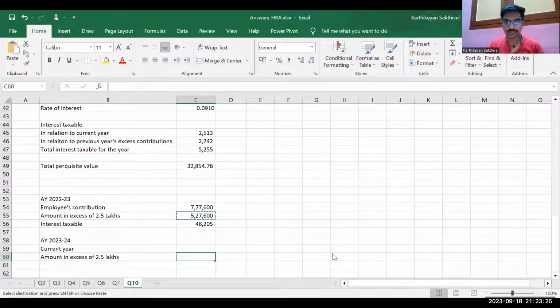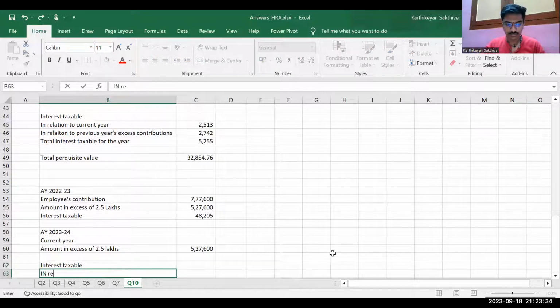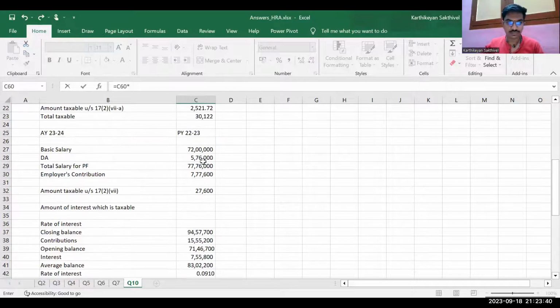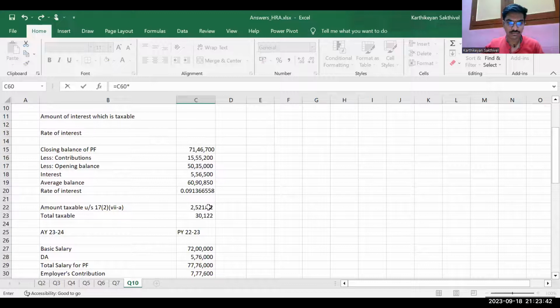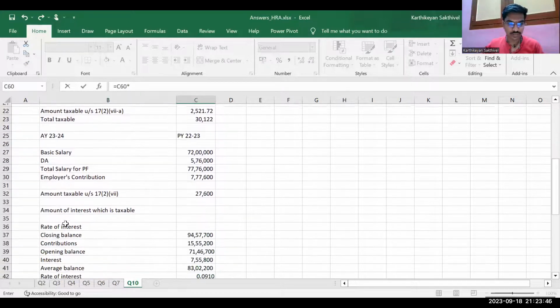Same amount தான், 5,27,600. So interest taxable in relation to current year எவ்வளோ? So இது into assessment year 23-24 உடைய rate of interest.